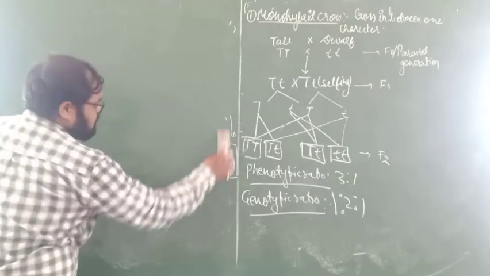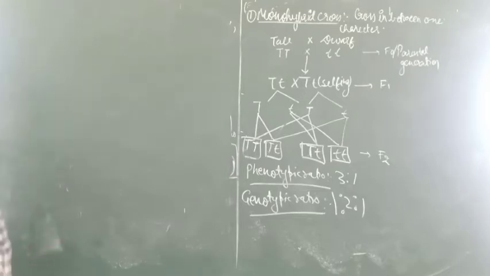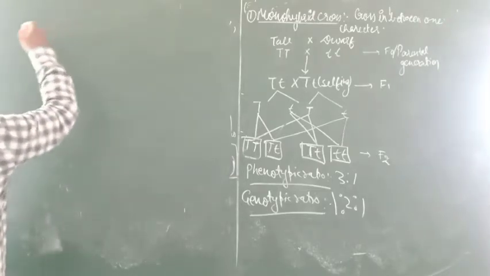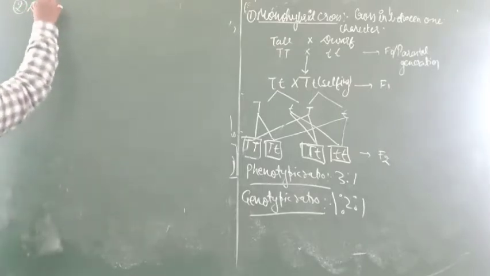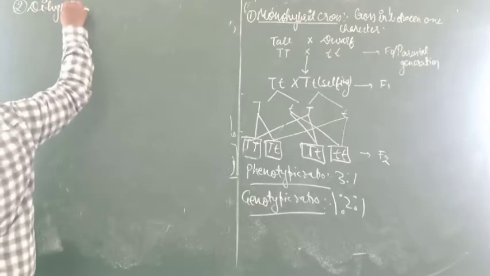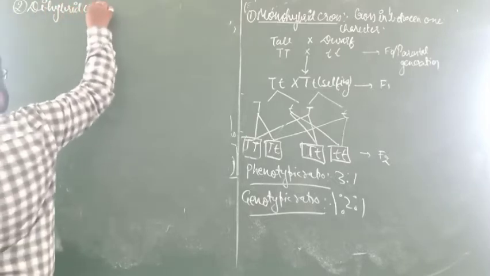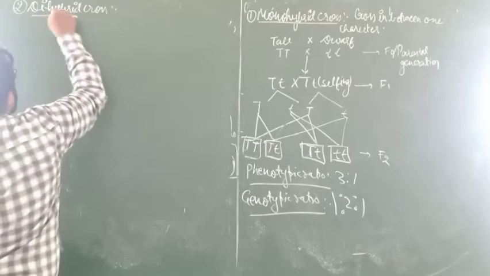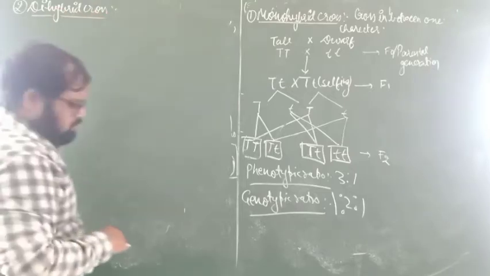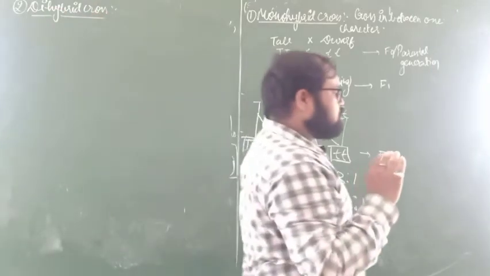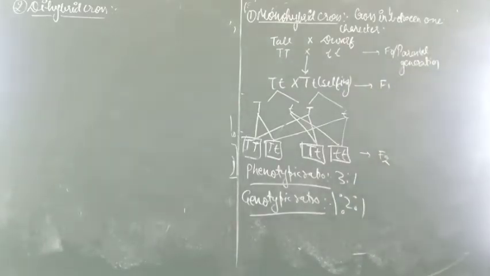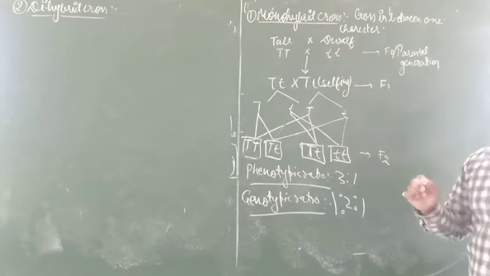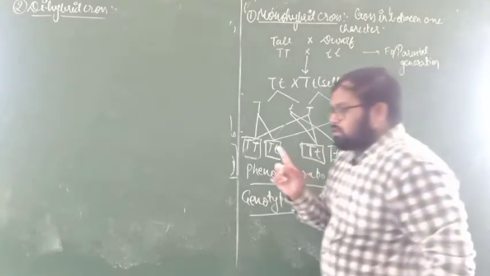In a monohybrid cross you take only a single character. The second one is the dihybrid cross. In a dihybrid cross, di means 2, so we take 2 characters from one plant.